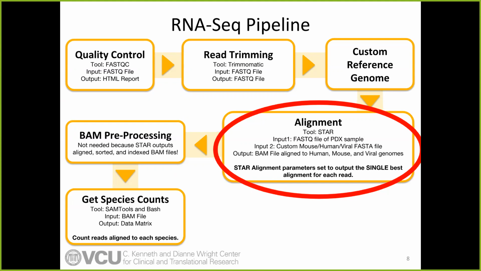However, the alignments have a quality score, so you might get 2 or 3 different places that a read aligns with a different quality of alignment. This was a problem because it could align to human and mouse, but one of them is most likely going to have a better alignment score than the other. So I told STAR to give me the single best alignment for each read. So it would pick human or mouse.